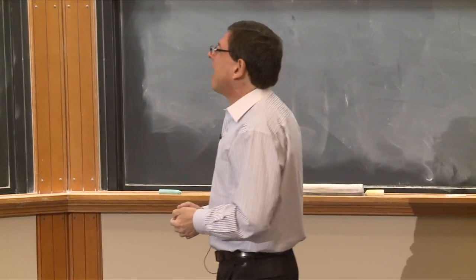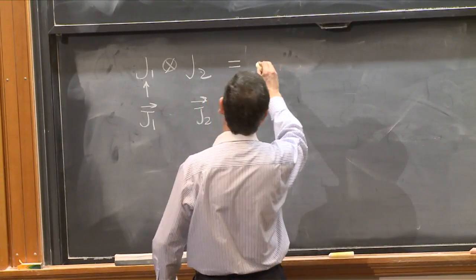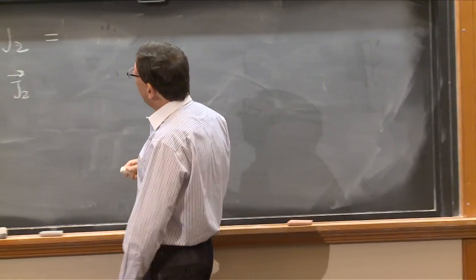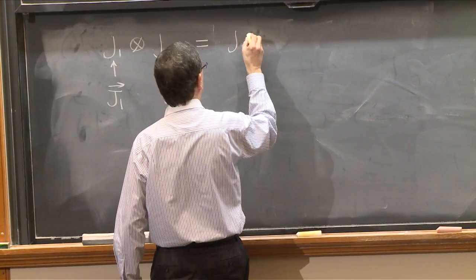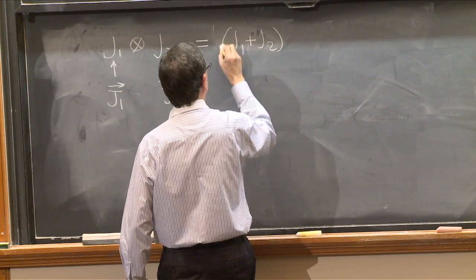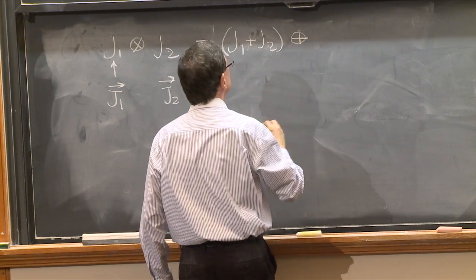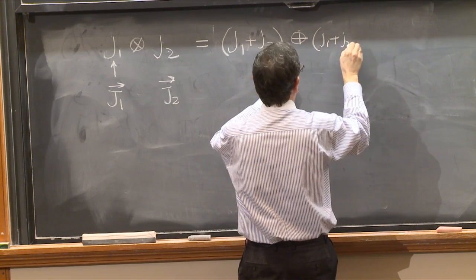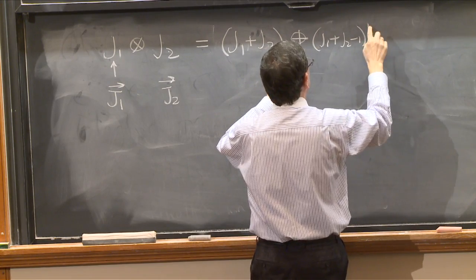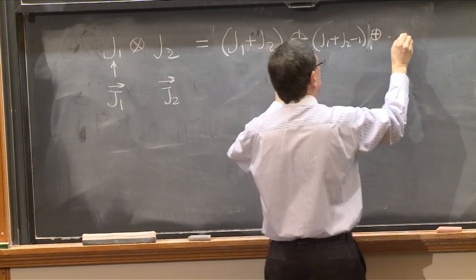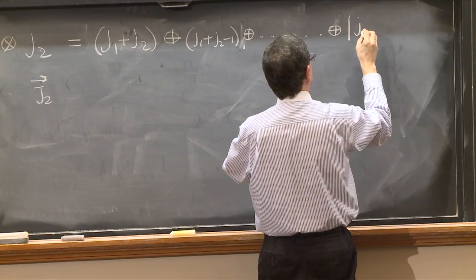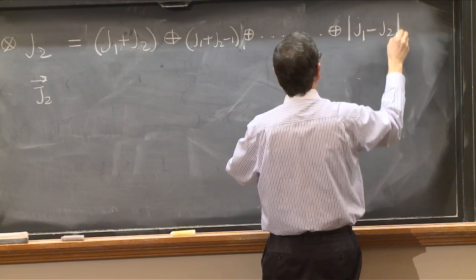And what you've learned is that this can be written as a sum of representations, as a direct sum of angular momenta, which goes from J1 plus J2, then J1 plus J2 minus 1, all the way up to the representation with J1 minus J2.